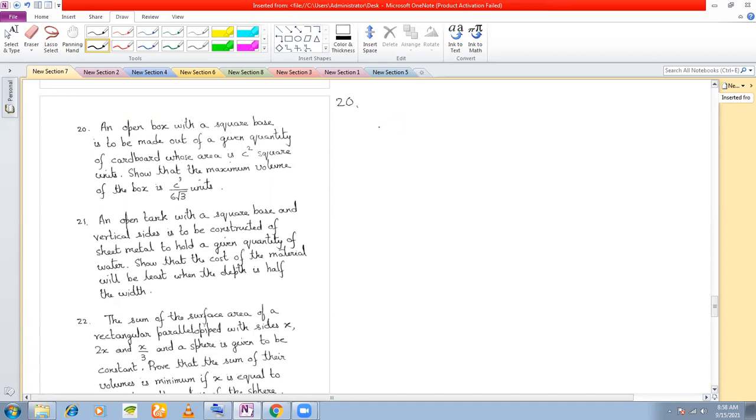From this cardboard, we are going to make a cuboidal box with a square base. Your cuboidal box is going to look like this.